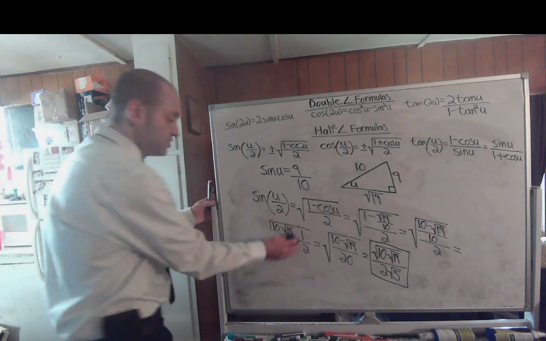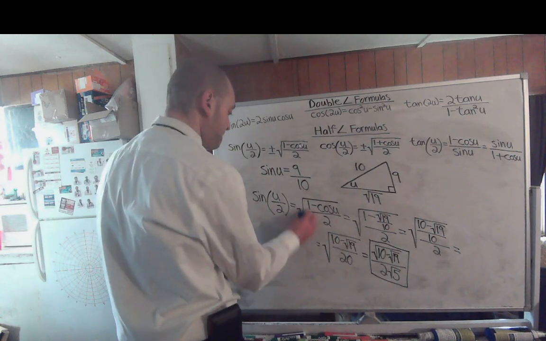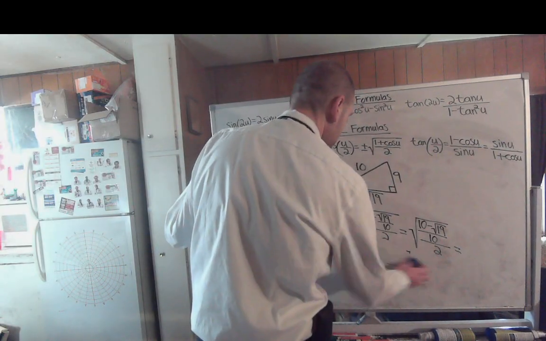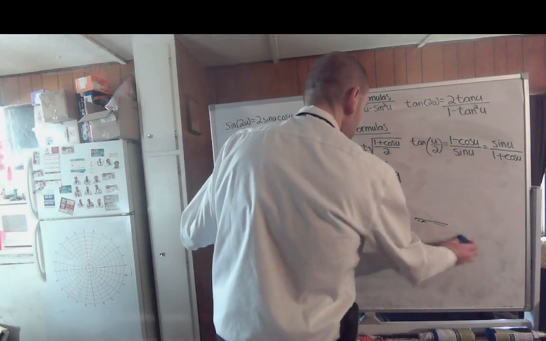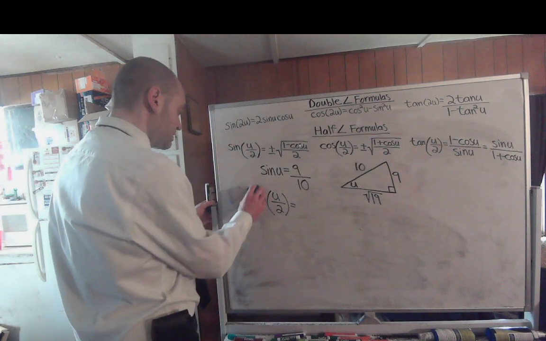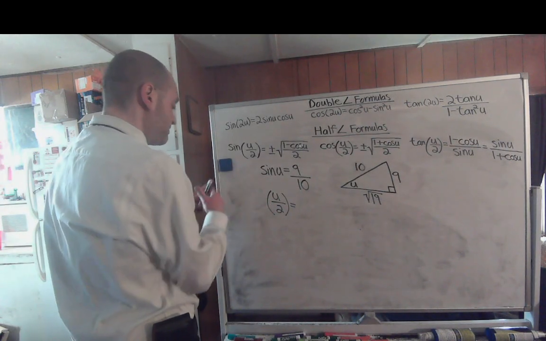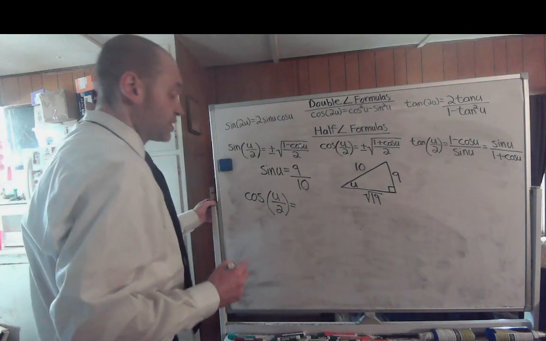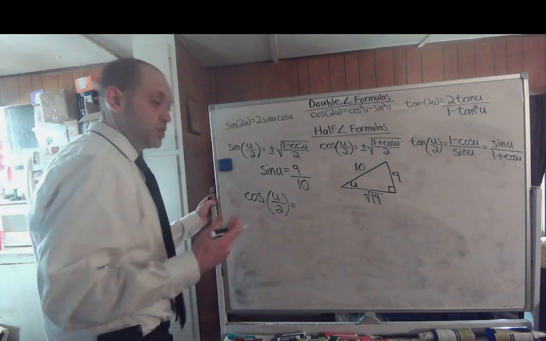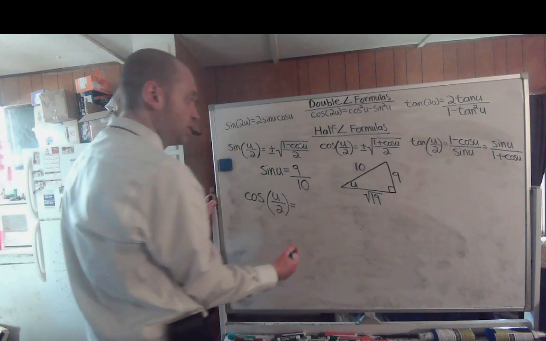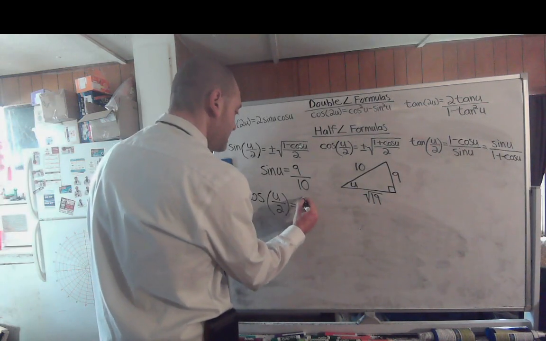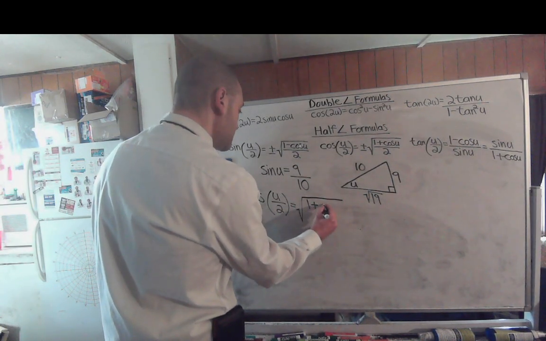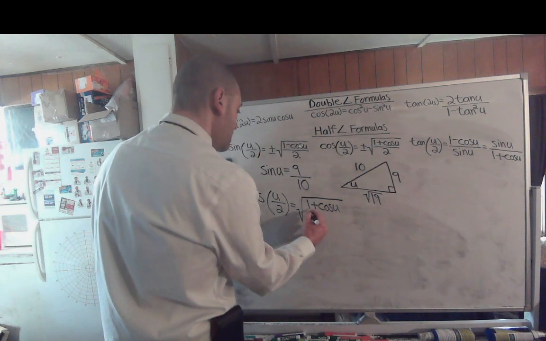Now let's go for the cosine of u over 2. Since u is in the first quadrant, your u over 2 will also be in the first quadrant, so we'll take the positive square root of, this time, 1 plus the cosine of u all over 2.